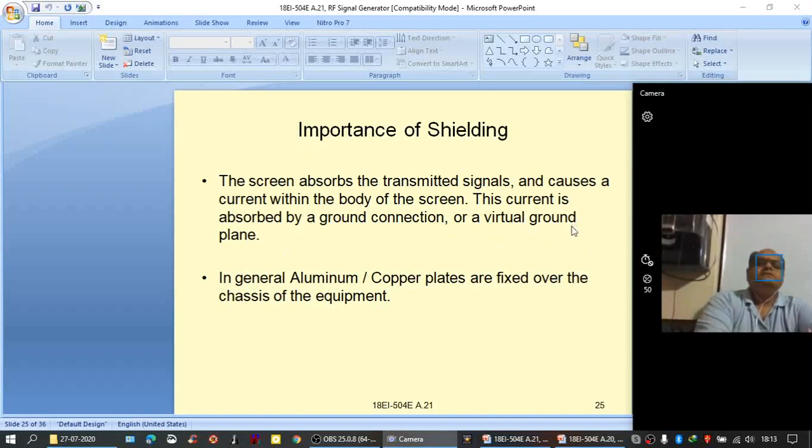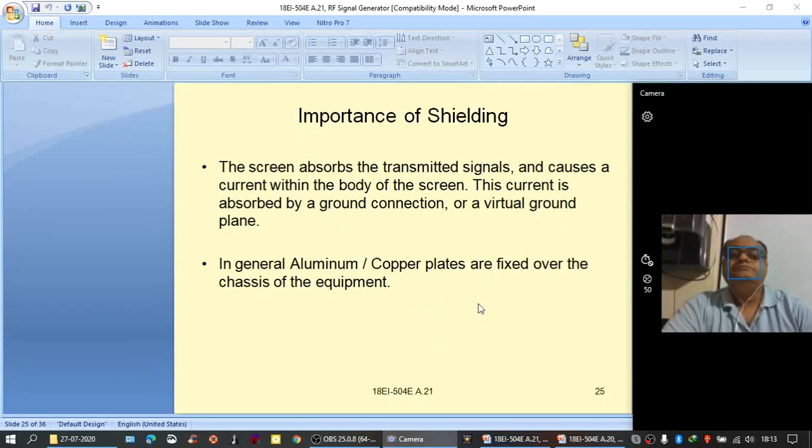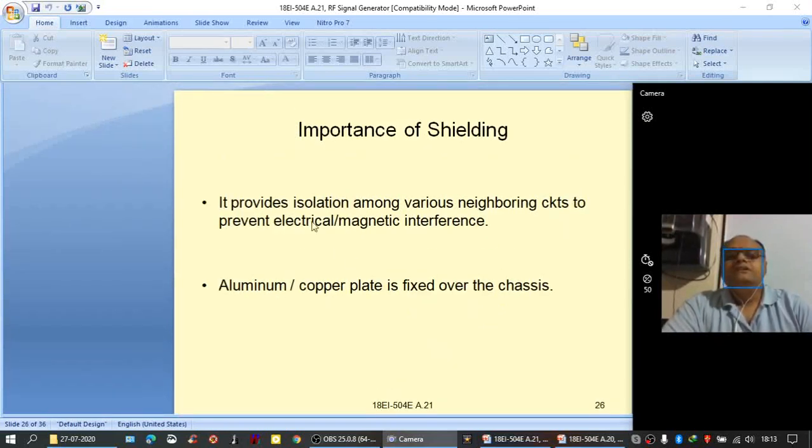As a result, the effect of radio frequency interference or electromagnetic interference would not affect the cleanness of the original signal. In general, aluminum or copper plates are fixed over the chassis of the equipment. Shielding provides isolation among various neighboring circuits to prevent electrical or magnetic interference.